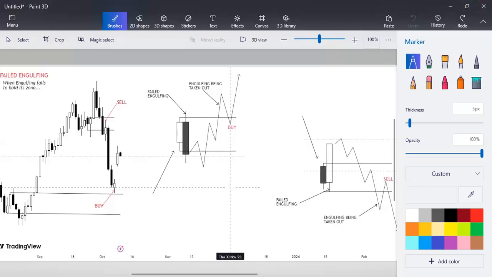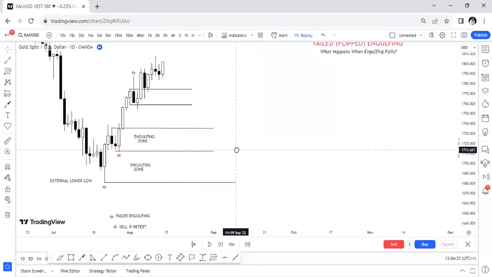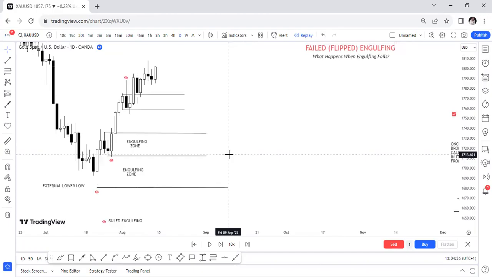So we quickly go into some trades. Let's see some live trading here, right?